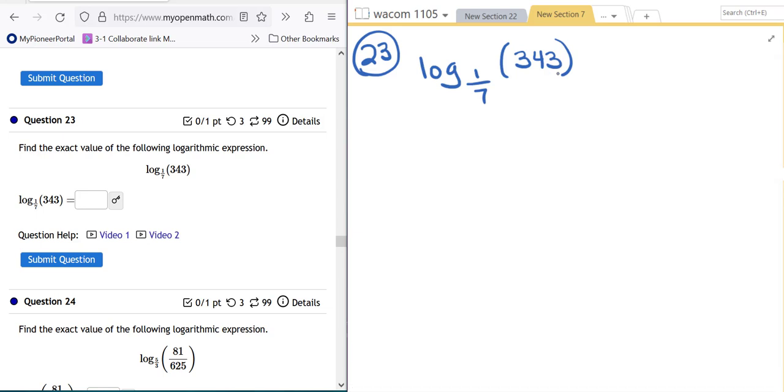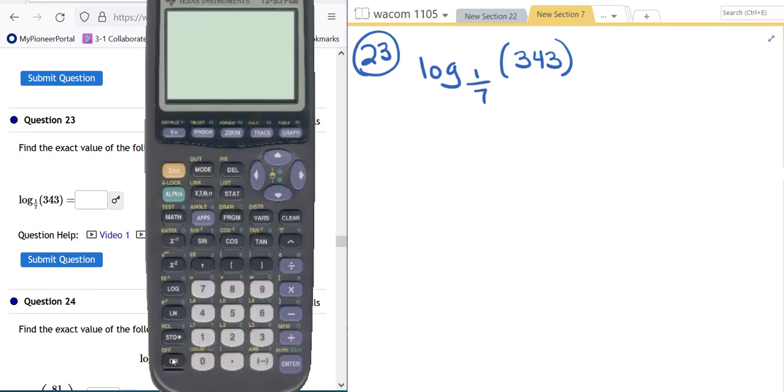We want to see first 7 to some power. I believe 7 to the third is 343, so you just have your calculator around and you check. 7 to the third is 343. But I want to have 1/7 to something, and now this is not in a denominator.